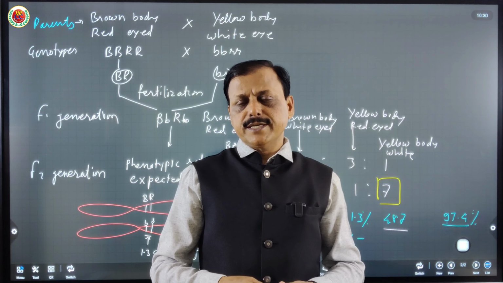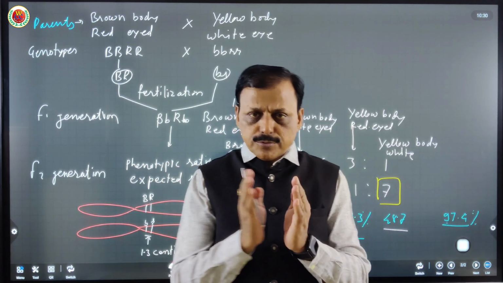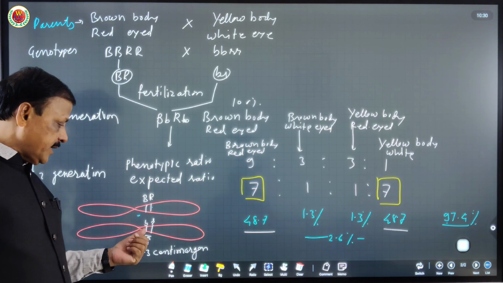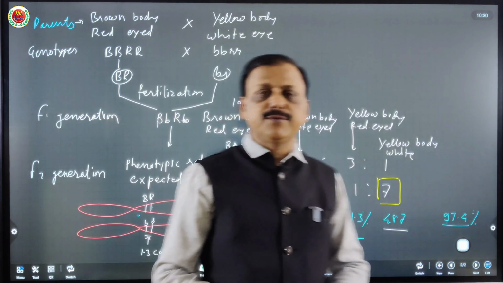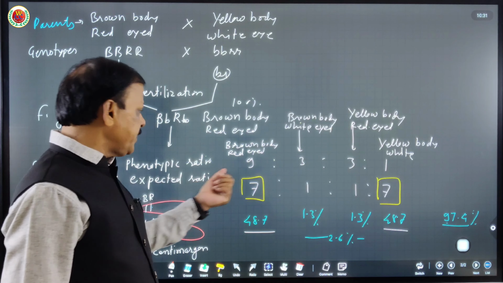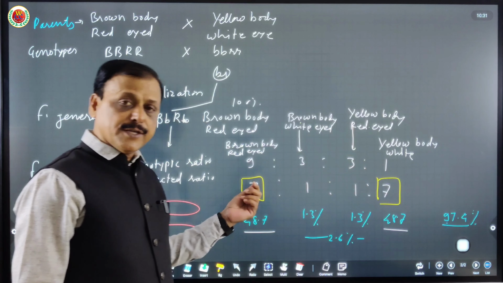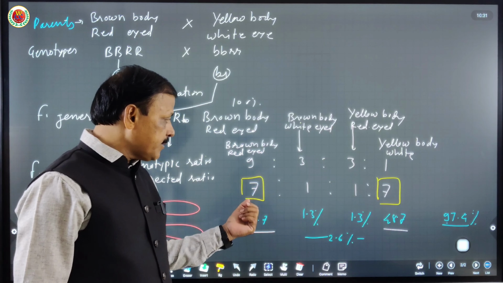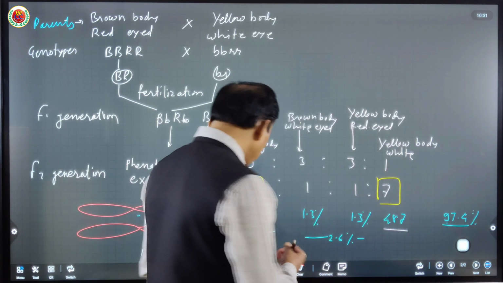Therefore, they concluded with the definition of linkage: when two or more genes present very close to each other on a homologous pair of chromosomes at different loci are inherited as they are in their parental form, they are known as linked genes, and the phenomenon is known as linkage. What exactly did they compare? According to Mendel, the phenotypic ratio has to be 9:3:3:1, but what they obtained was 7:1:1:7. That means 7 for brown body and red eye and 7 for yellow body and white eye.